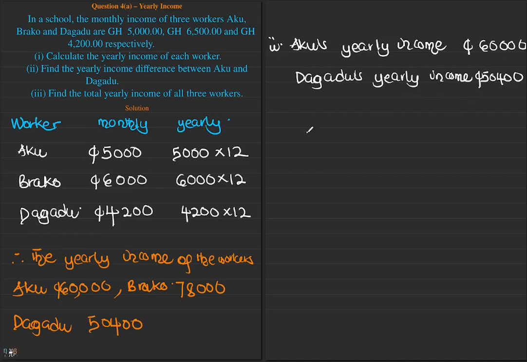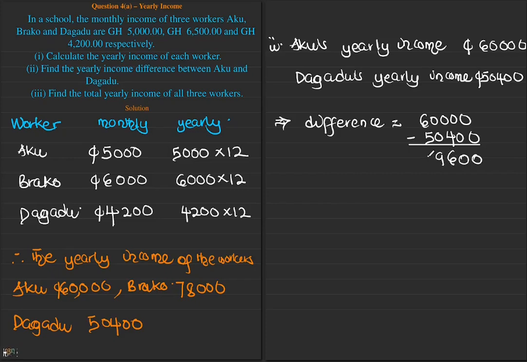So the difference is going to be the larger one minus the smaller one, which is 60,000 minus 50,400. If you subtract that, you are going to get 0, 0, and there is a 6, a 9, and that is it.